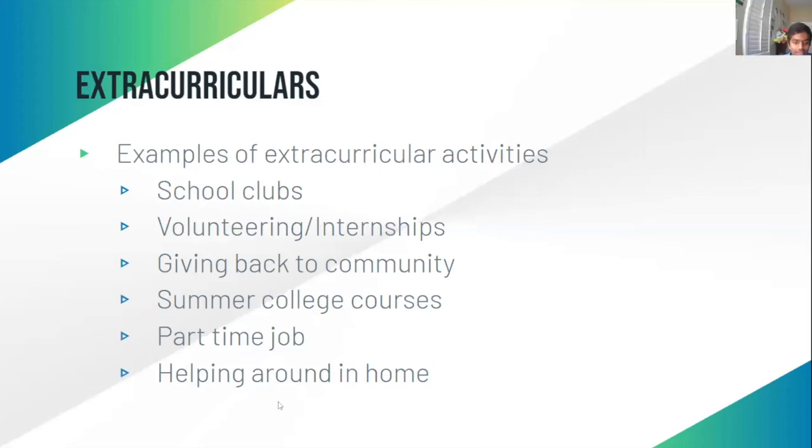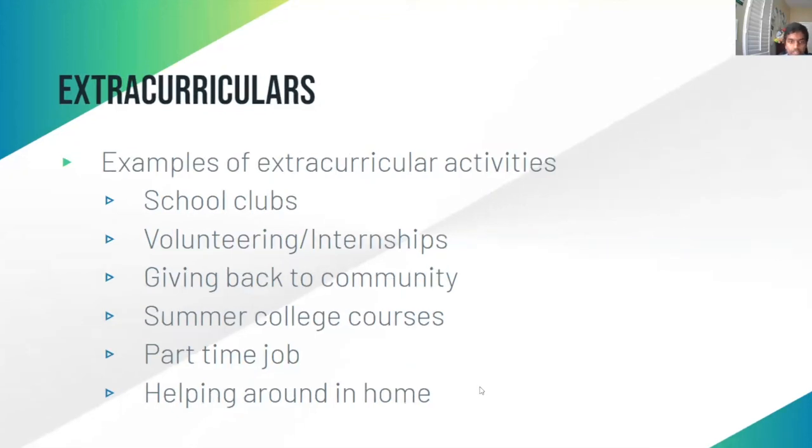Okay, so now the next part of the UC prep section, we'll discuss extracurriculars. The most popular forms of extracurriculars are school clubs, volunteering or internships, like volunteering at a hospital, or general charity work that gives back to the community. However, other activities like summer college courses, part-time jobs, and even simply helping around the house can be considered extracurriculars.